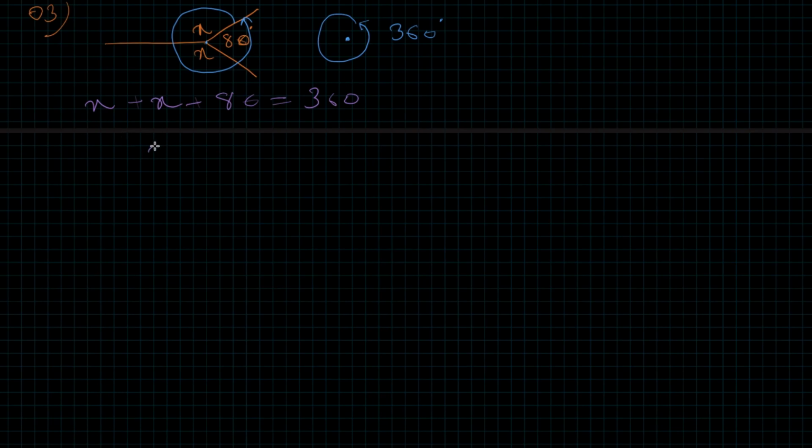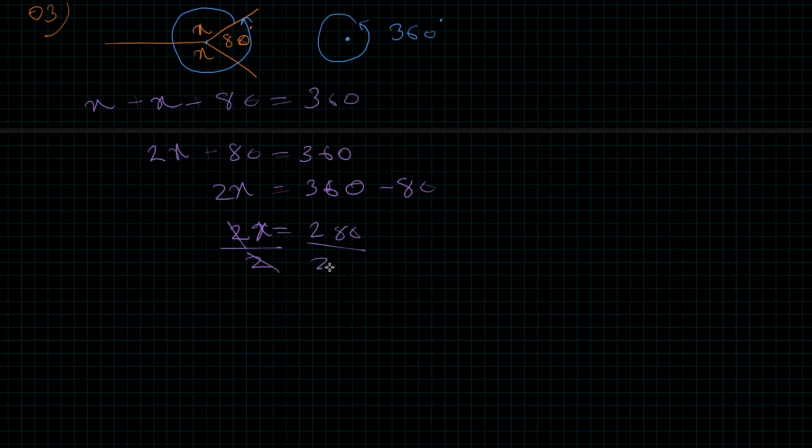If we simplify this one, 2x plus 80 equals 360, and take the 80 to this side, then 2x equals 360 minus 80, and 360 minus 80 is 280. To get rid of the 2 we divide both sides by 2, x is equal to 140.